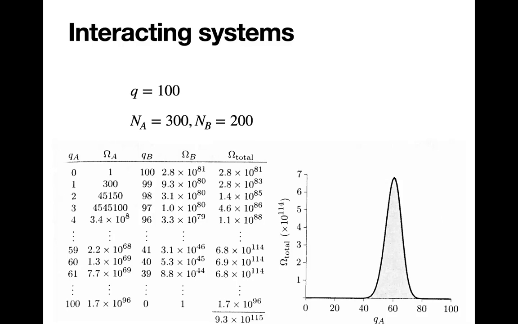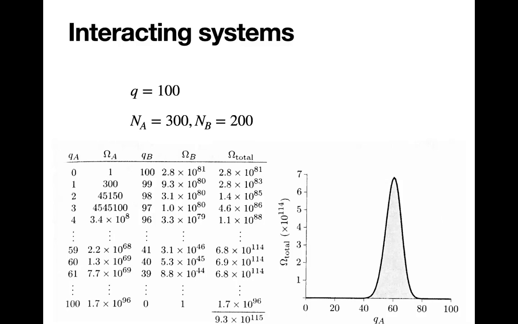So even though there are a lot of ways to have all the energy be in one object, it seems kind of surprising, but 10 to the 81 is really small compared to 10 to the 114. That's 33 orders of magnitude.